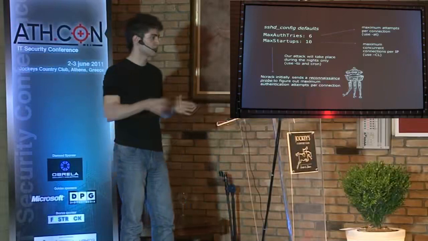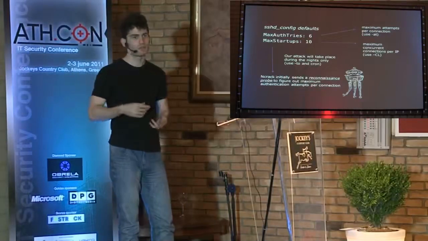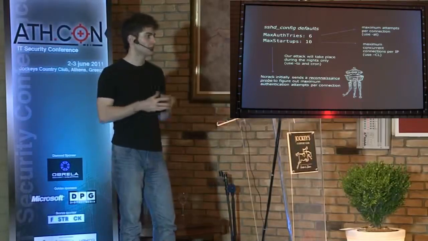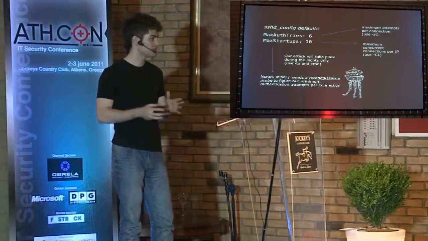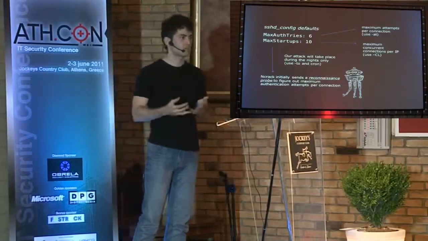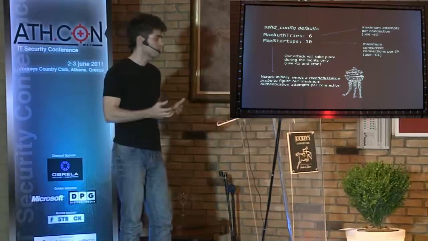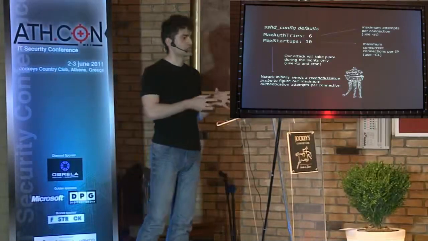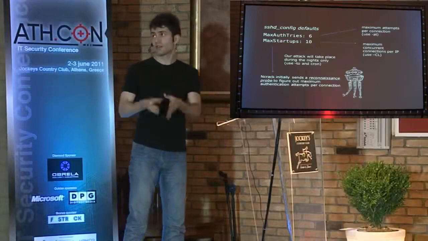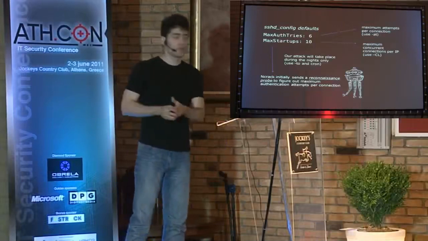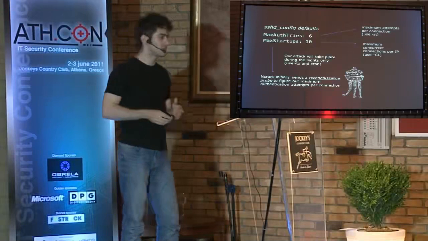It doesn't open any other connections. And this is to ensure that you have an almost 100% chance that nothing goes astray and that your connection isn't ended midterm, so that you achieve all the maximum authentication tries.